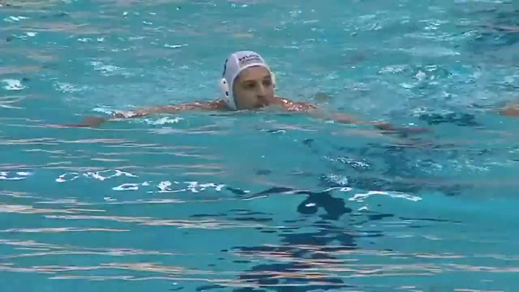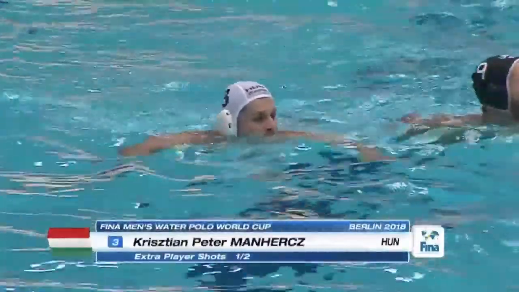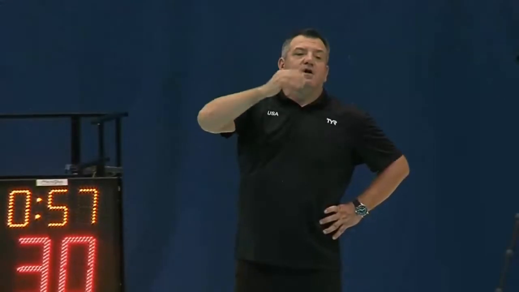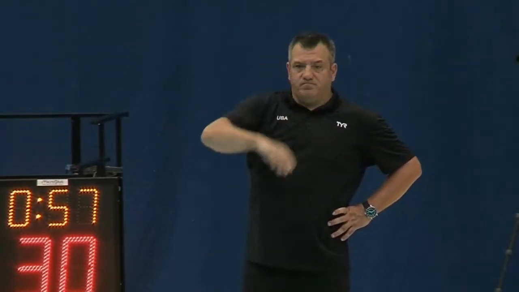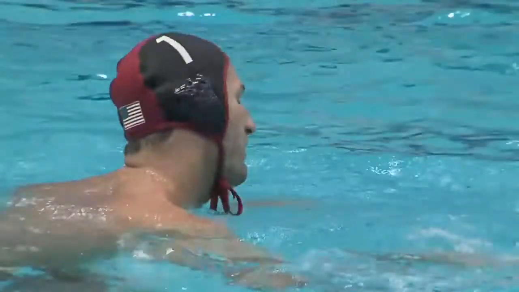So Jesse Smith lunges over with his right hand, covers that side of the cage, and as he's switching hands, Manhertz snaps it over his head, and Barron didn't have a shot because he was covering the middle of the cage. Immediately, it looked like Smith was covering the left post, but he switched hands there.